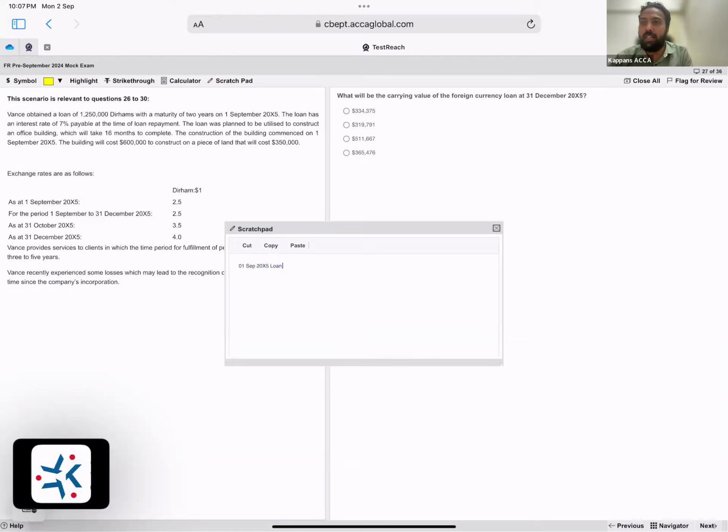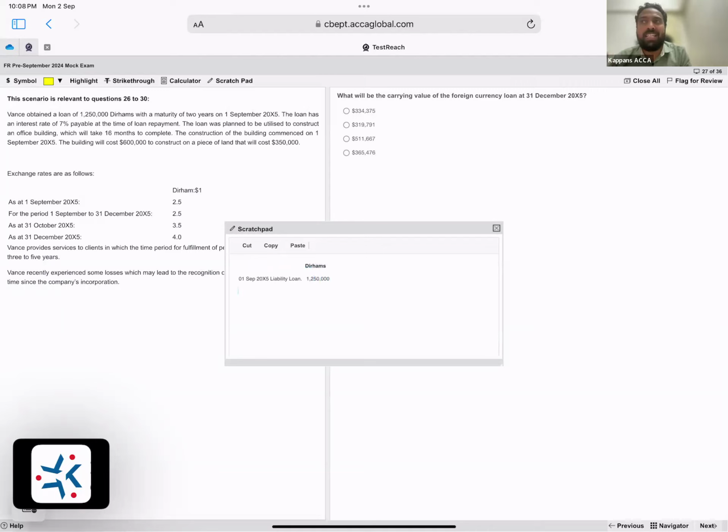So that is a liability. So the loan liability amount will be 1.25 million dirhams. I'm showing all the figures first in dirhams. Then later we will convert into dollars.